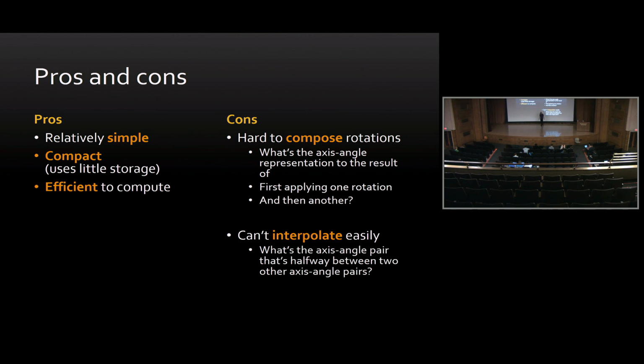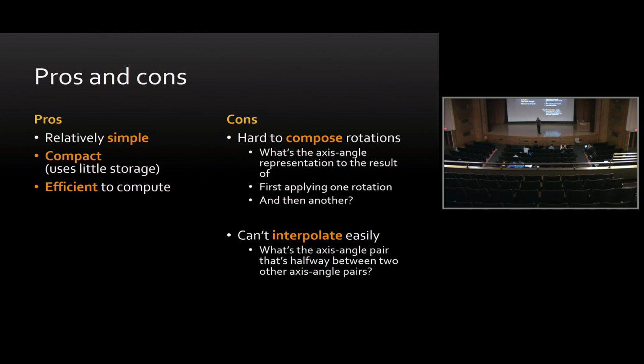Why do you care about interpolation? Because we care about animation. We have some file someplace that says when our character is shaking someone's hand, they're in this configuration at this point in time, and they're in that configuration at that point in time, and they're in that configuration at that point in time. We have to interpolate. We have to smoothly do some linear interpolation of those poses. And that means if we have one axis angle for this position and another axis angle for this position, the axes are going to be a little different.